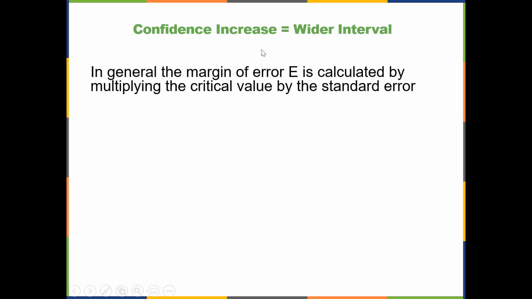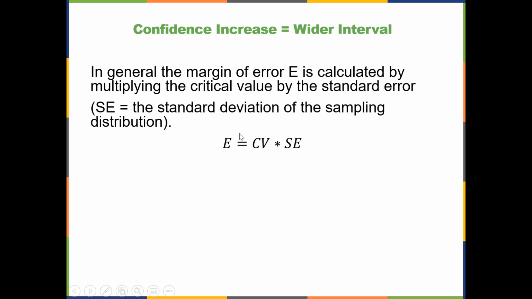So confidence increase equals wider interval, and the margin of error is calculated using the critical value, which could be a z-score or a t-score depending on the situation. And if you think of it as a z-score, because we're more familiar with that at this point, remember, a z-score tells us how many standard deviations away from the mean we are.